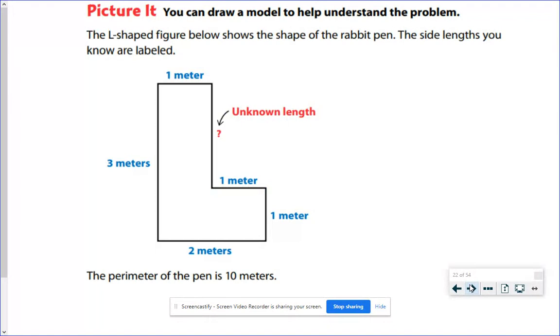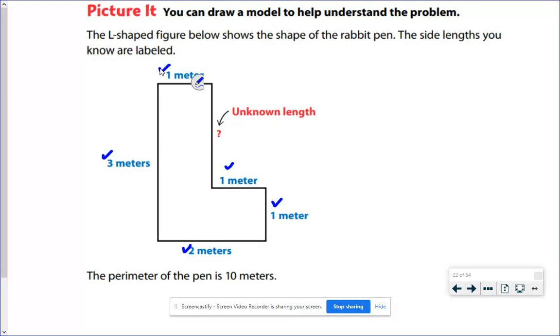Here's what a picture of that looks like. The perimeter of the pen is 10 meters, so what is the unknown or missing side length? You can add all the sides together. 1 plus 3 is 4, plus 2 is 6, 7, 8. Then add on to get to 10, so 8 plus 2 is 10.